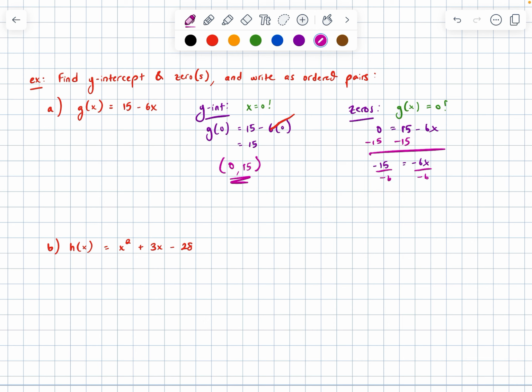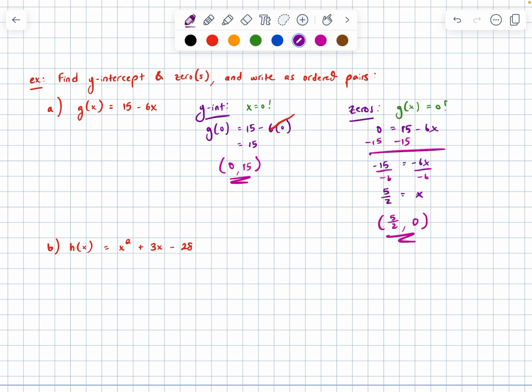My last move would be to divide both sides by negative 6. On the right, that leaves me with x, and if I simplify my fraction on the left, I should get positive 5 over 2. In context, again, I want a point on my graph. My x value is 5 over 2. It came from the y value of 0. Here is my x-intercept.